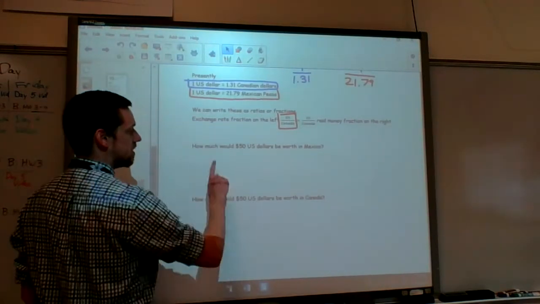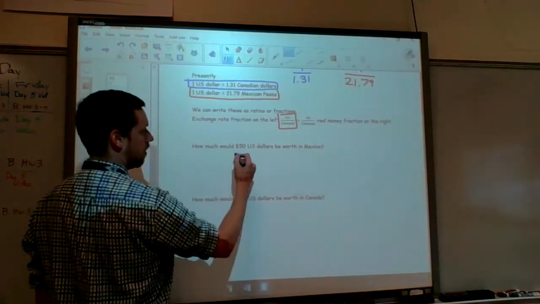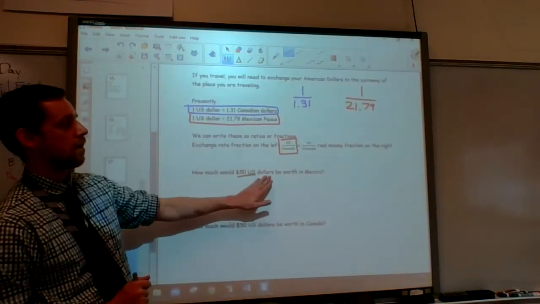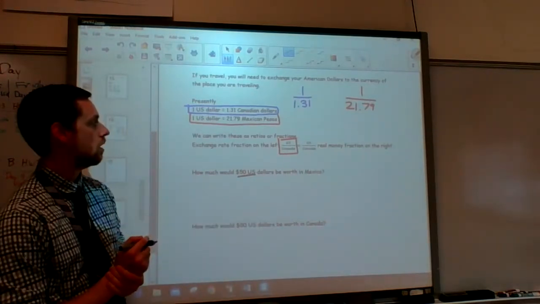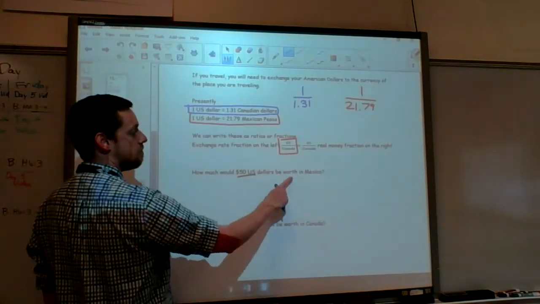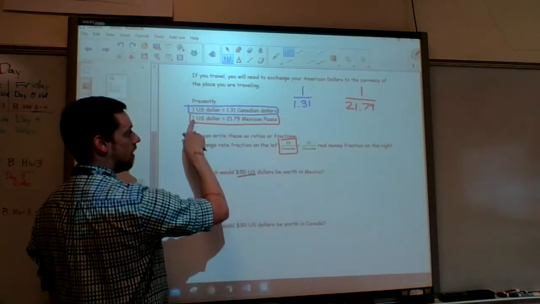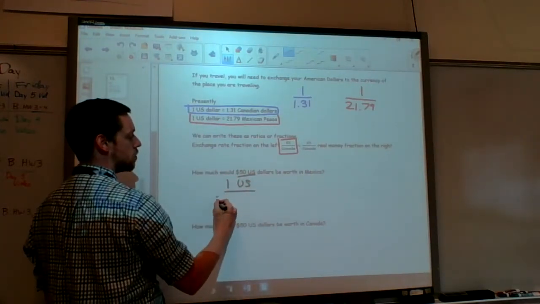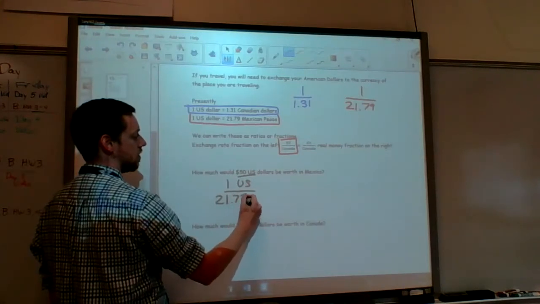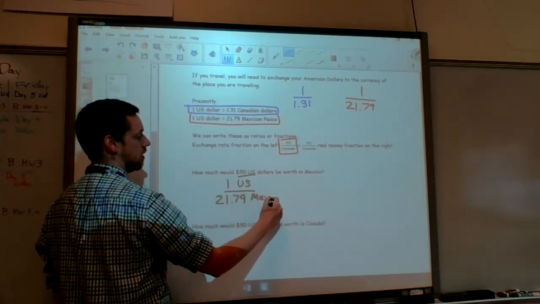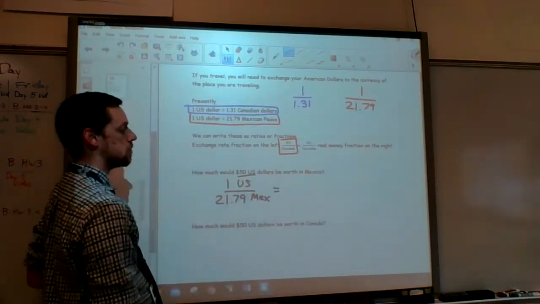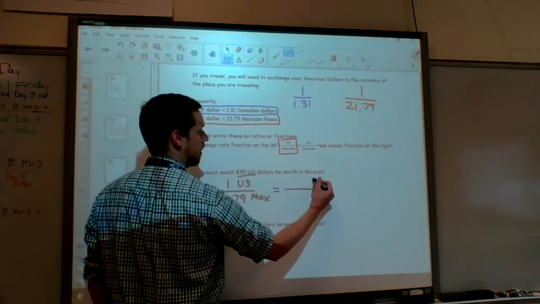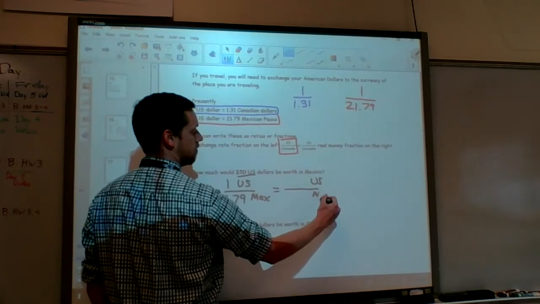The first one says, how much is $50 worth if you go to Mexico? So 50 US dollars in Mexico is worth how much? First, I'm going to start with the Mexican exchange rate. One US dollar is 21.79 in Mexico. So I'm doing US over Mexico, which means this fraction has to be US over Mexico.